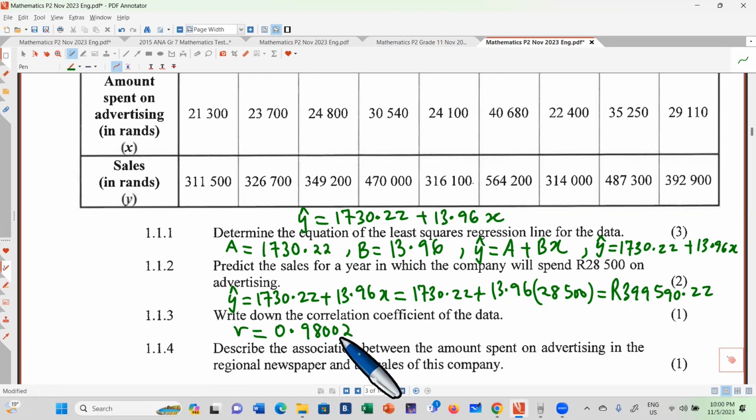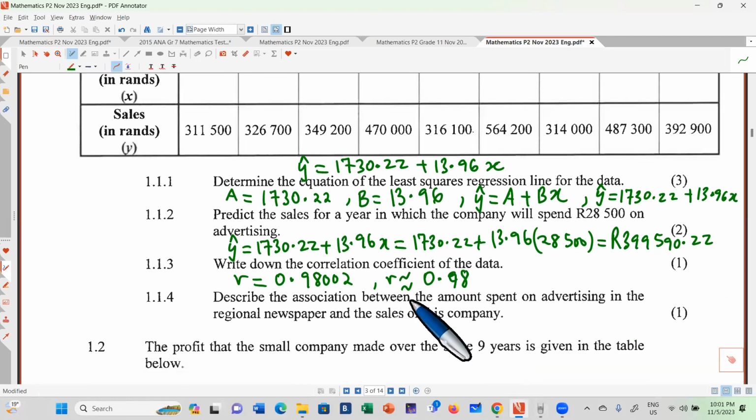So that is the correlation coefficient that is required. They said we must write it down, so we have written it down there. So one can say the correlation coefficient is approximately 0.98. The examiner at the beginning said to 2 decimal places. So we can round off to 2 decimal places, but that is an approximate value of the correlation coefficient in statistics. Question 1 of the exam.